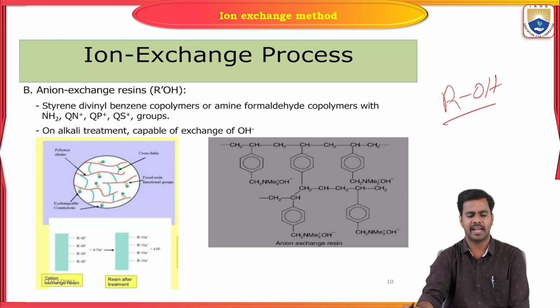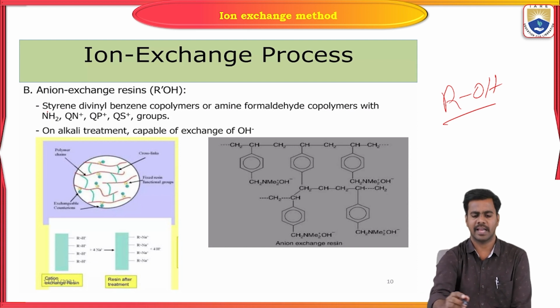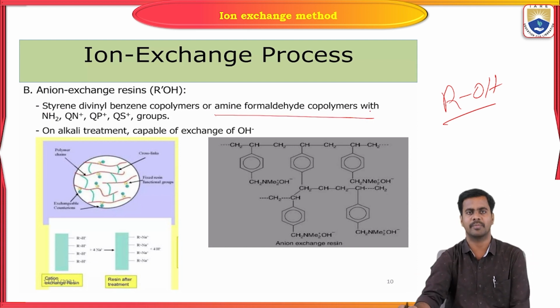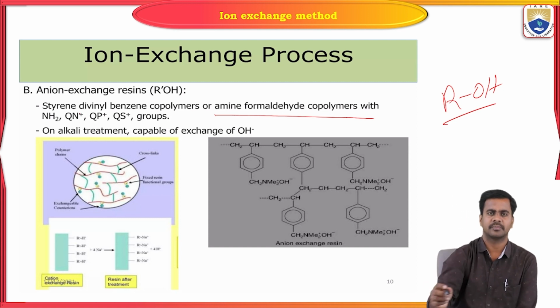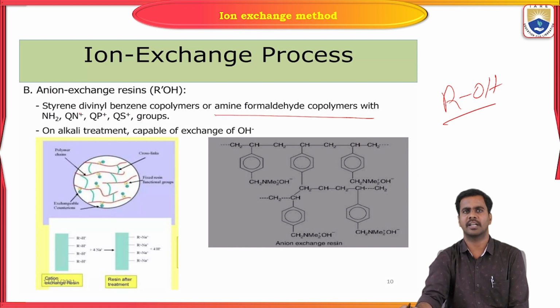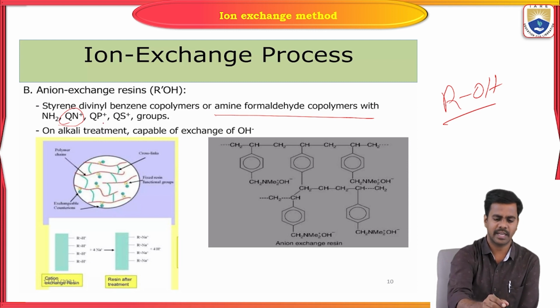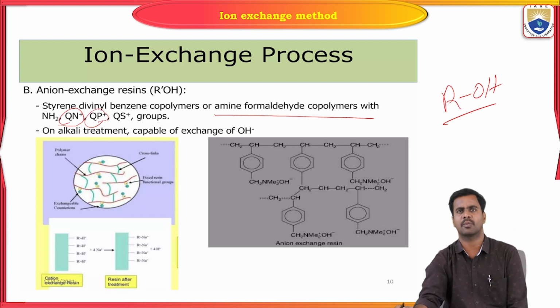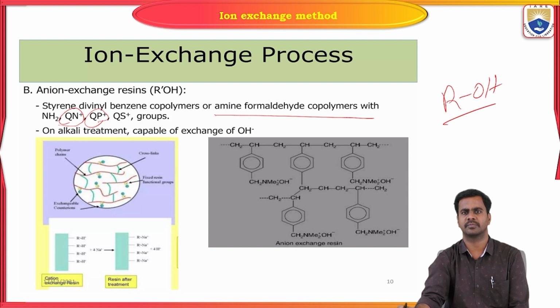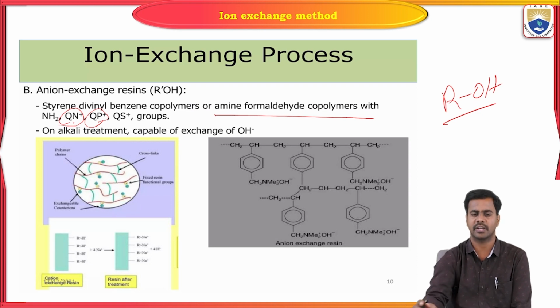Styrene divinyl benzene copolymers and amine formaldehyde copolymers with NH2, and quaternary ammonium salts, quaternary phosphonium salts and quaternary sulfonium salts. The resin which contains these types of functional groups acts as a basic resin. Look at this structure of basic resins.